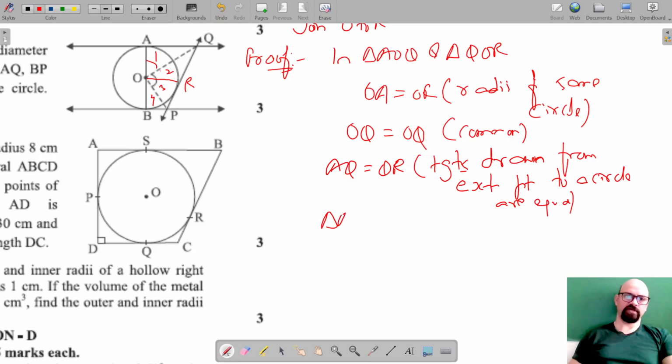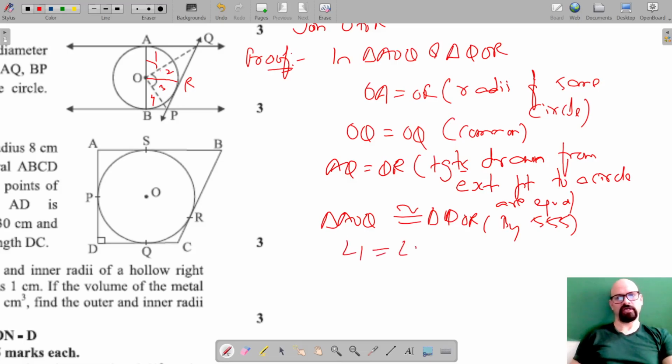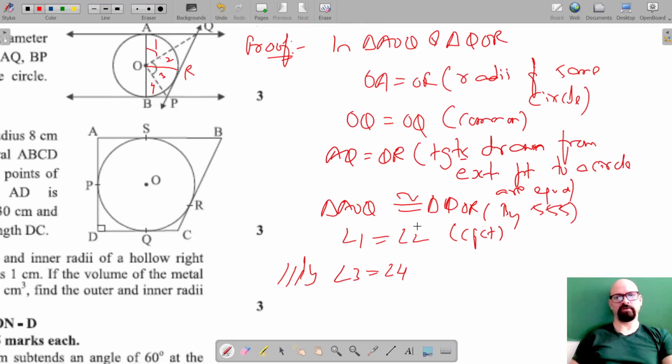Now, that means triangle AOQ is congruent to triangle QOR by the SSS congruence rule, which means angle 1 is equal to angle 2 by CPCT. Similarly, we can prove that angle 3 is equal to angle 4 for the triangles POR and BOP. They will be congruent.